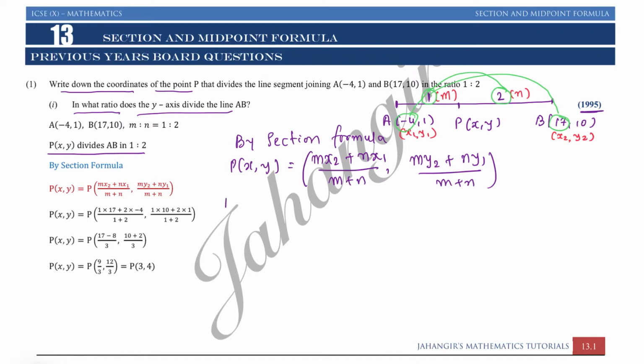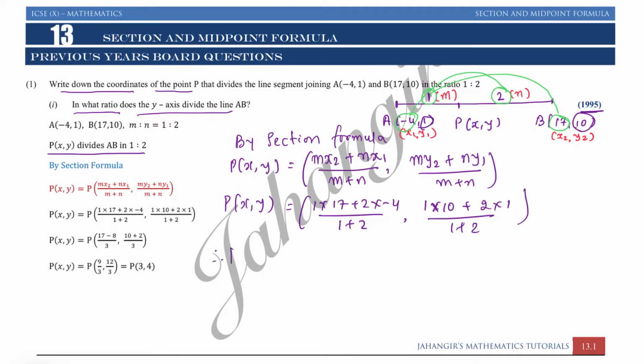So let us write P(x, y) is equal to m is 1, into 17 plus 2 into minus 4, upon 1 plus 2. Same way we can do it with y. For y, first we take m, that is 1 into y2 which is 10, plus 2 into y1 which is 1, upon 1 plus 2.